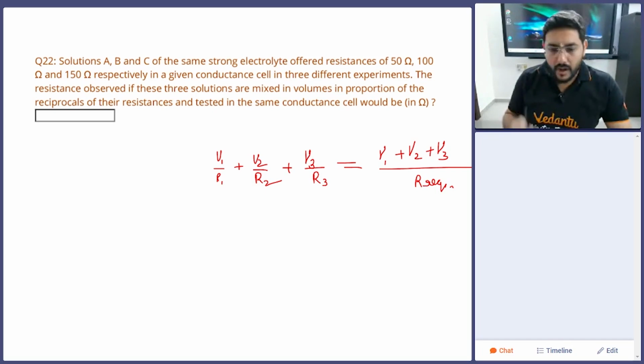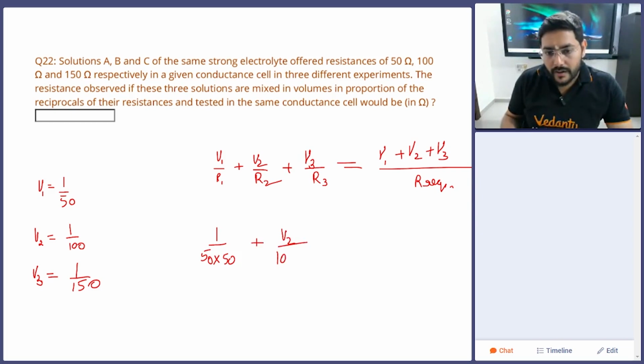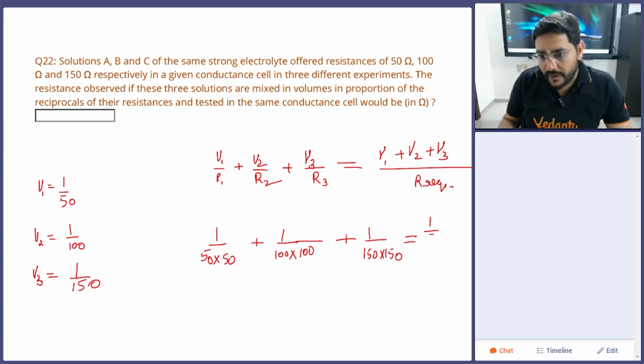Now V1 value is 1 upon 50, V2 value is 1 upon 100, V3 is 1 upon 150. So V1 upon 50, and R1 value is given as 50 only, plus 1 upon 100 into 100, plus 1 upon 150 into 150, and that is equal to 1 by 50 plus 1 by 100 plus 1 by 50 upon R.